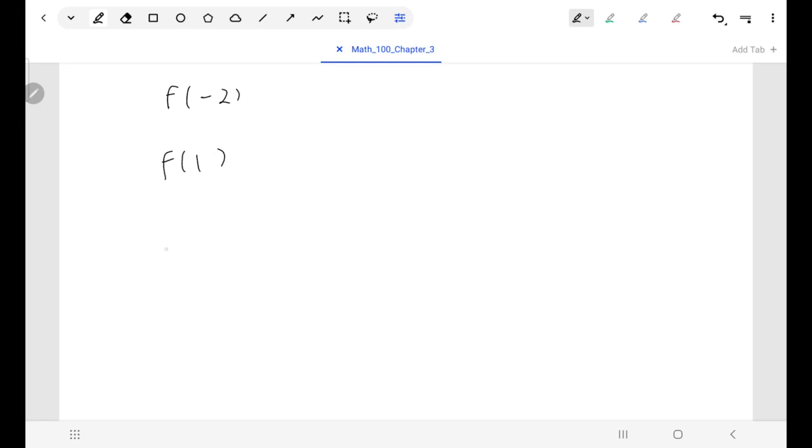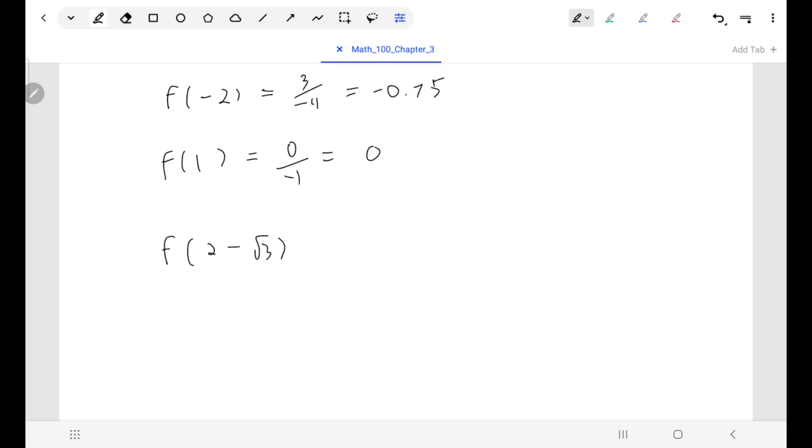And then I also need to figure out what's happening at my critical number, the one that's actually inside my interval. Putting -2 into my function, that'll give me 3 for the numerator and -4 for the denominator. So -0.75 is my y value when x is -2. And when x is equal to 1, we have 0 in the numerator and -1 in the denominator. So 0 is my y value.